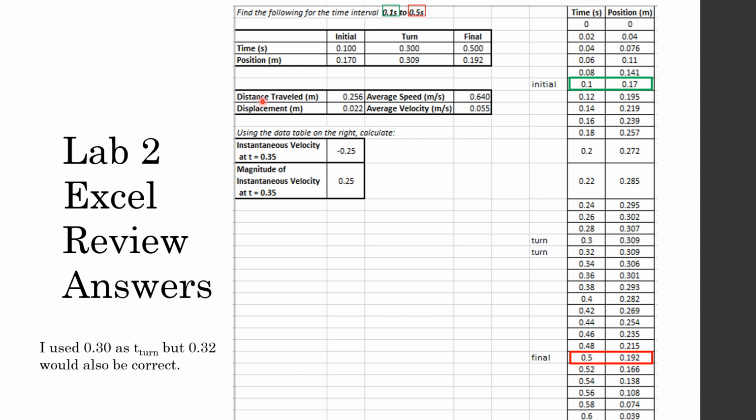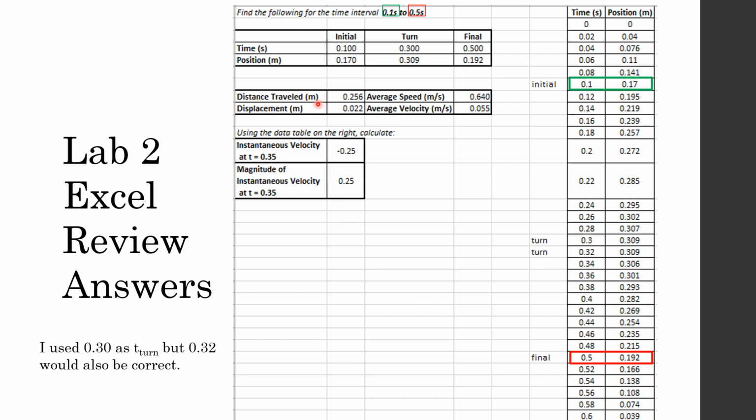Now we come into table number 2. And we have the distance traveled. So remember, the distance traveled is going to be the absolute value of your final position minus your turn position plus the absolute value of your initial position minus your turn position, right?